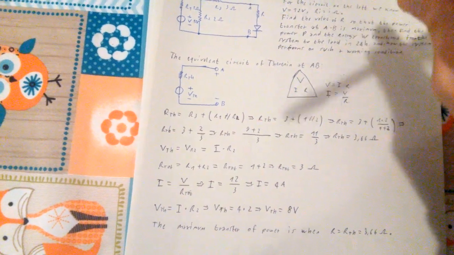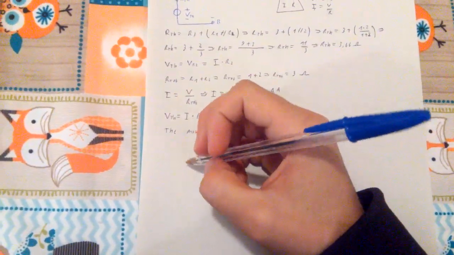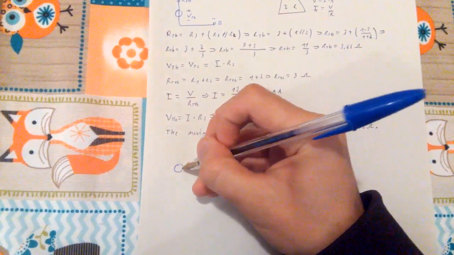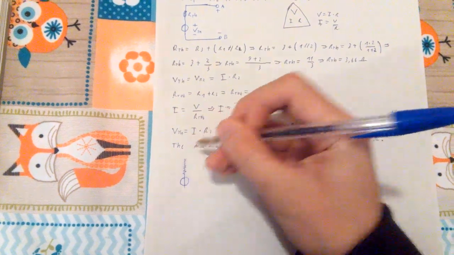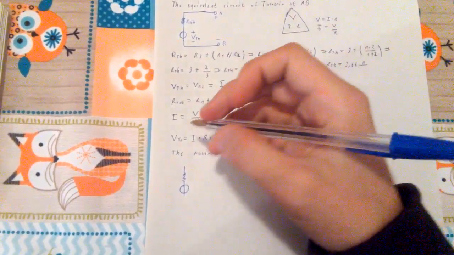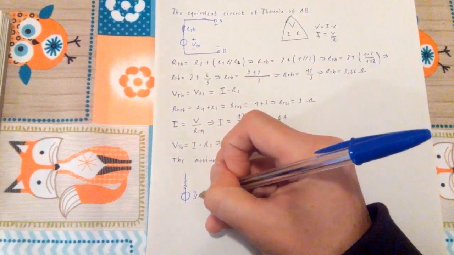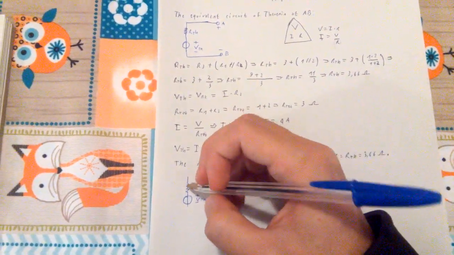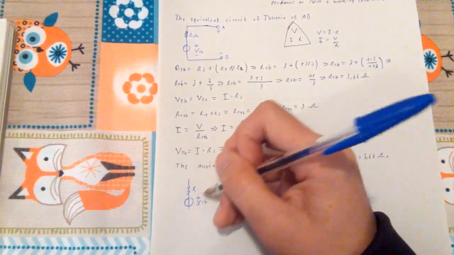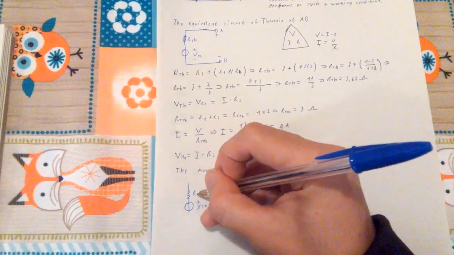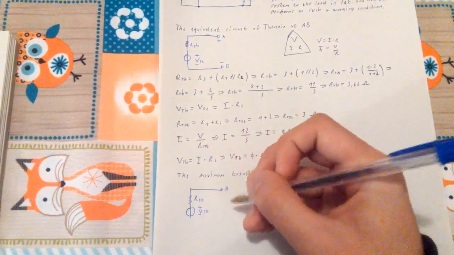So let me just pick the blue pen, and draw this circuit. The Thevenin equivalent circuit with also this part included now. So we're still going to have a plus-minus VTH voltage generator in series with resistance RTH, and then we're going to have A here.